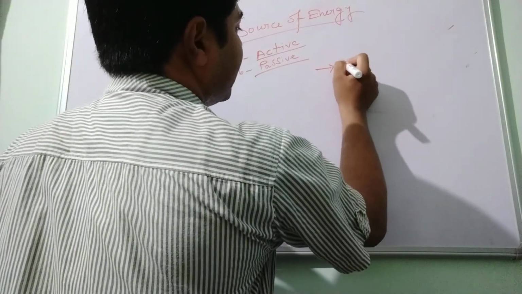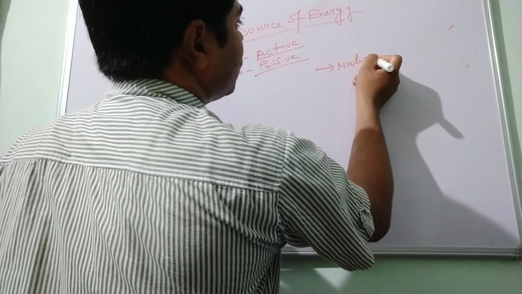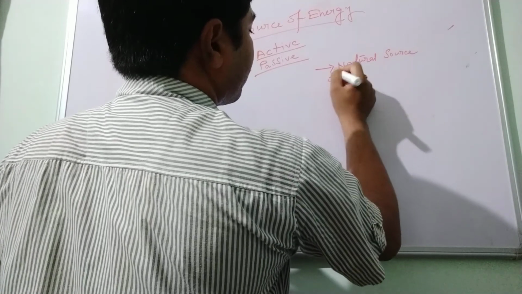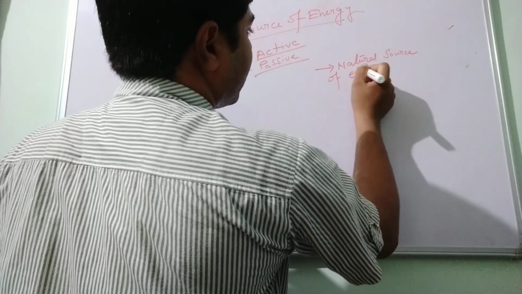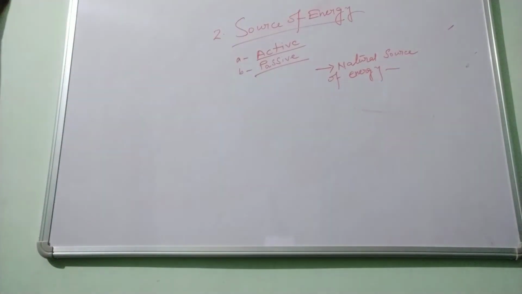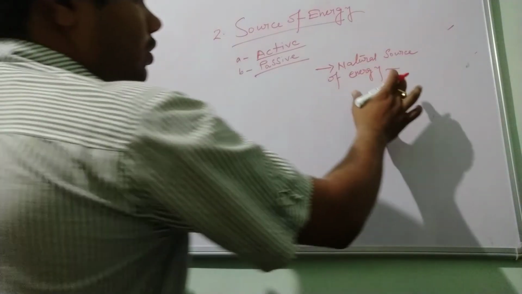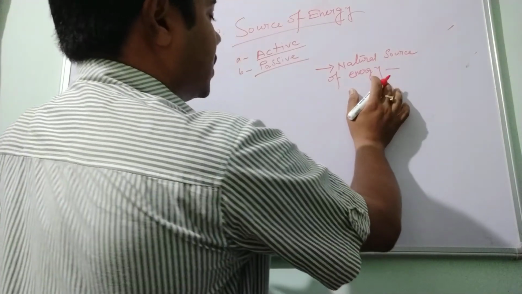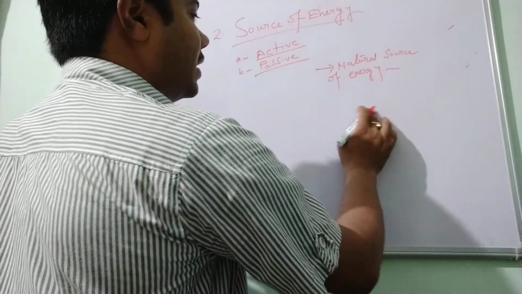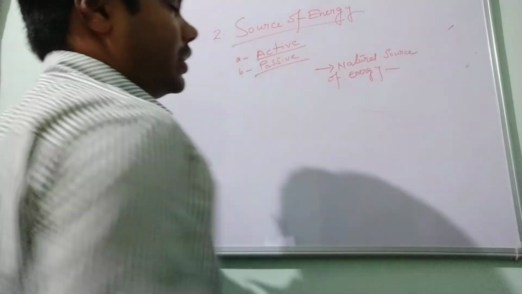What is our natural source of energy? Sun. Therefore, we are taking information based on the natural source of energy, so we can consider it passive remote sensing.